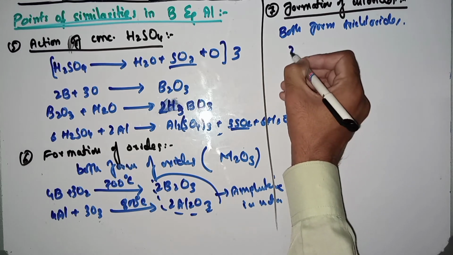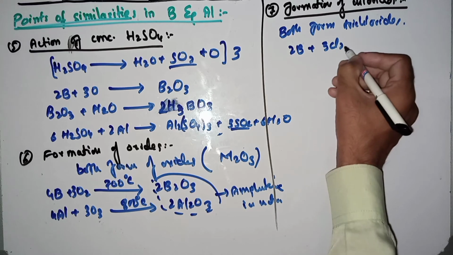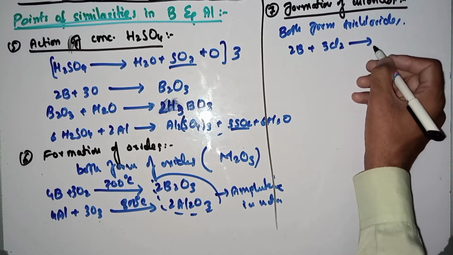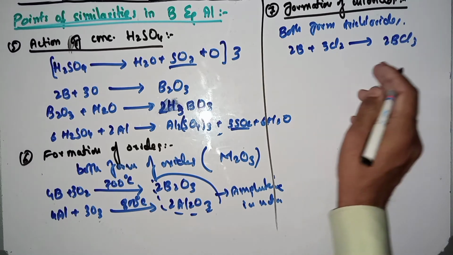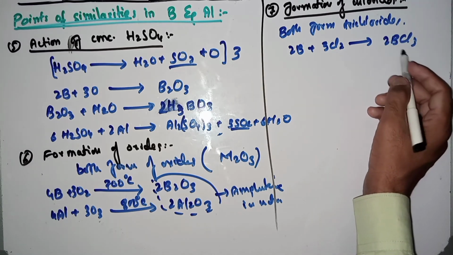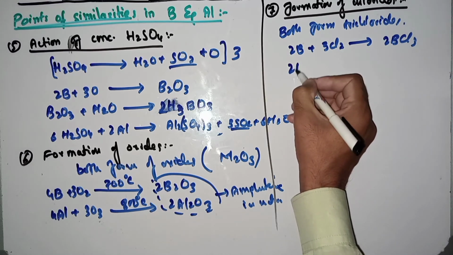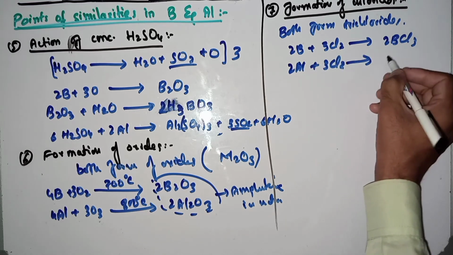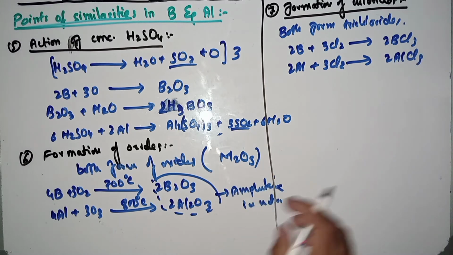For example, 2B, when heated with chlorine gas at high temperature, generates 2BCl3, that is boron chloride. Similarly for aluminium, when heated, it generates 2AlCl3. Both form trichlorides. Both have similar behavior.